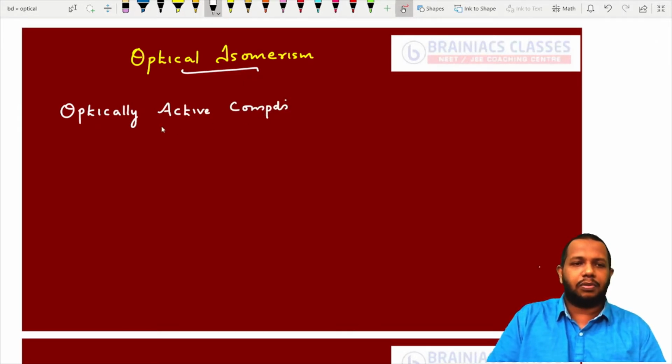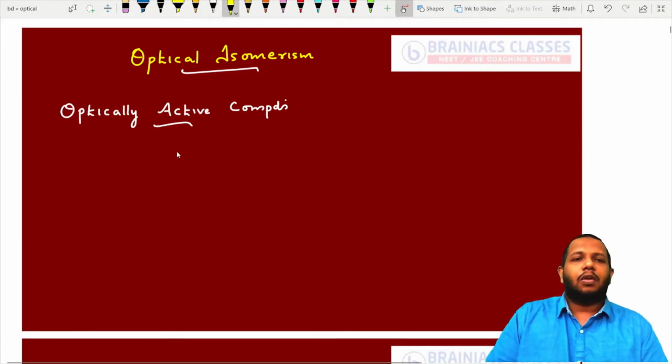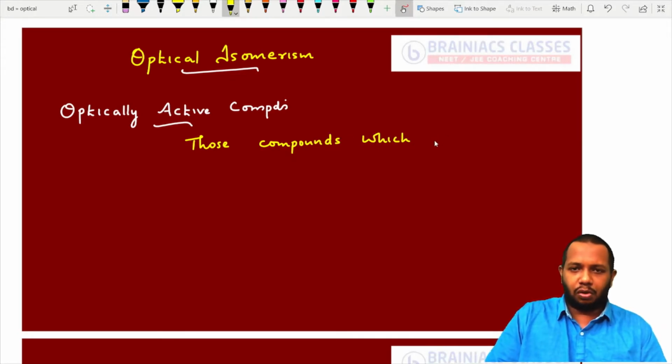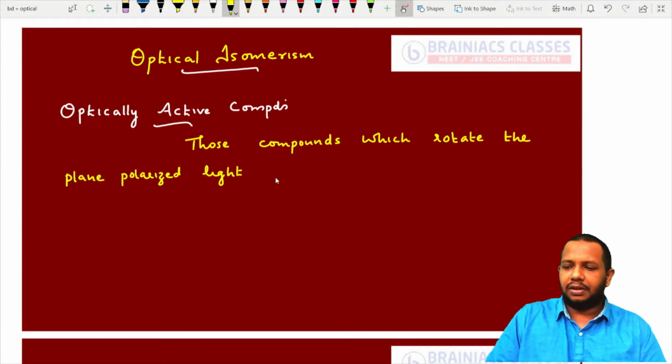I can define optically active compounds as those compounds which rotate the plane polarized light when it is passed through them.